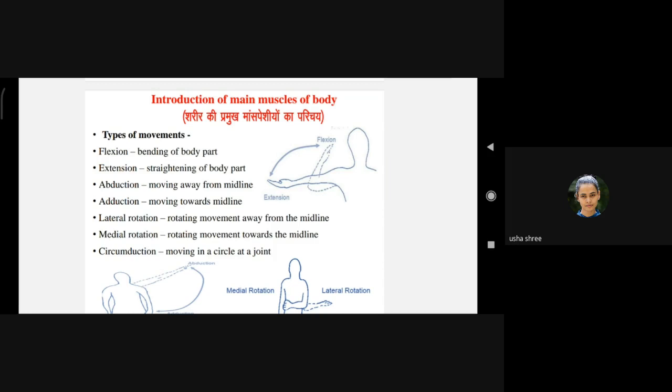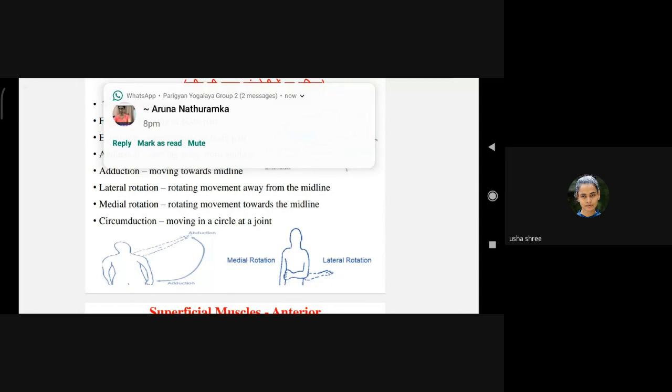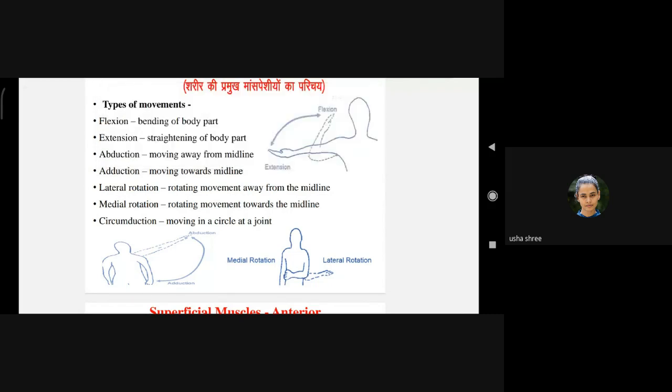Now, abduction, moving away from midline. In the last class we already discussed what midline is. So if we are going away from the midline, then it is abduction. And if we are coming towards the midline, then it is adduction.